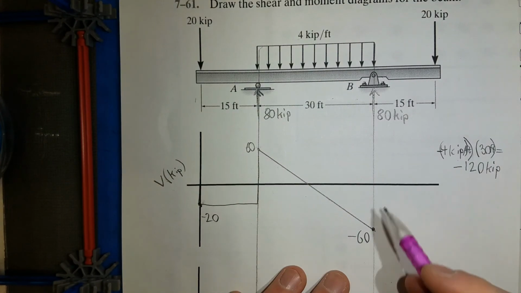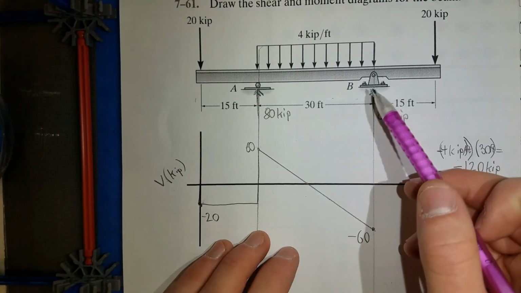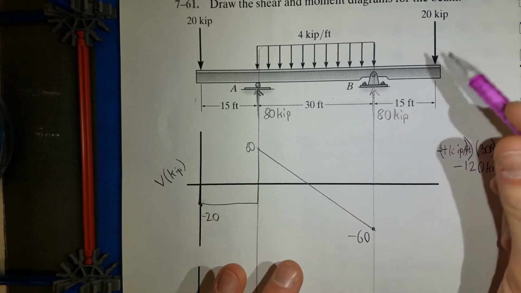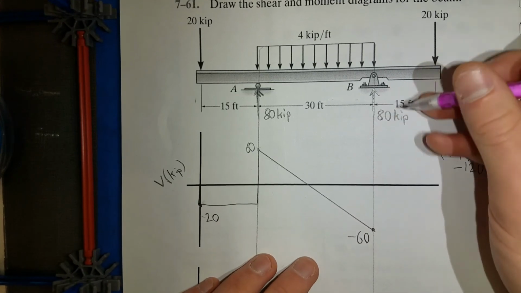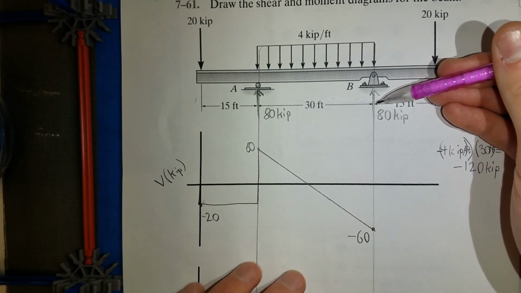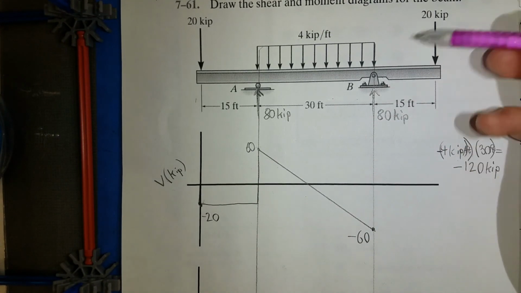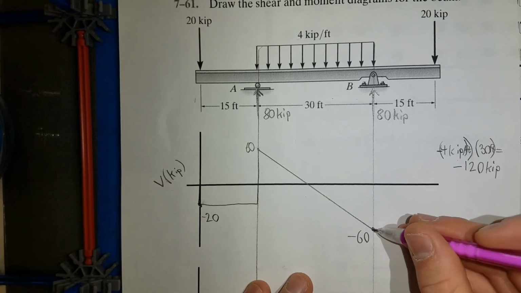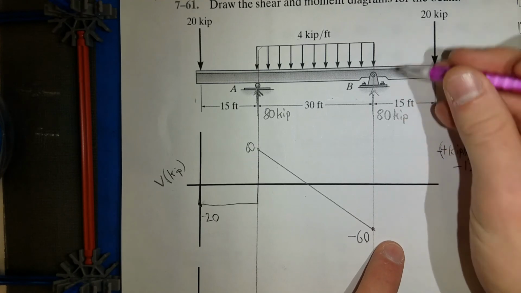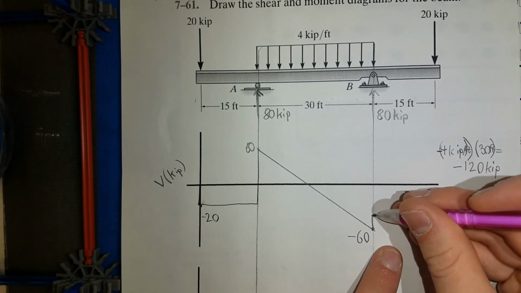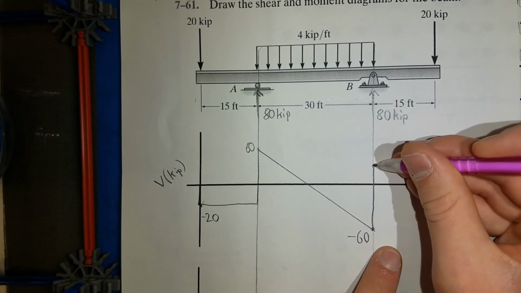And then the next thing that we're going to do, we're going to keep going off to the right here. The next force that acts on it that changes the shear is going to be this 80 kip load acting upward at B. So again, we'll find out where we're starting. We're starting at the negative 60 at B in shear, and the 80 kip is going to make it go all the way up to a positive 20.